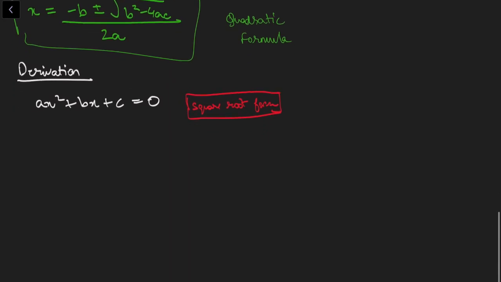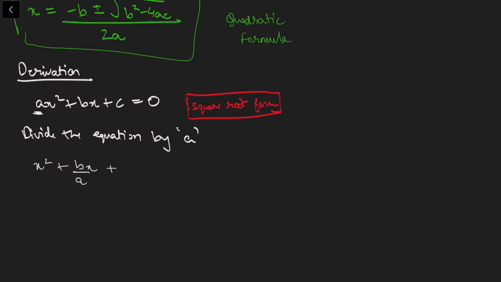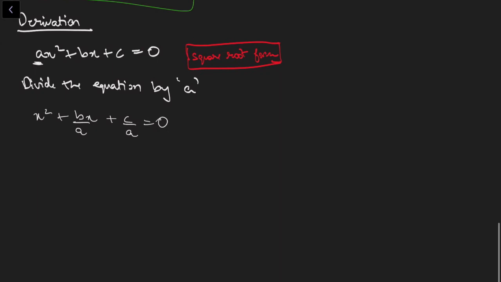So the first step we're going to do is divide the equation by a. Divide the whole equation by a to get rid of this x squared coefficient. So then you're going to get x squared plus b by ax plus c by a is equal to 0. Let's shift the c by a to the other side.